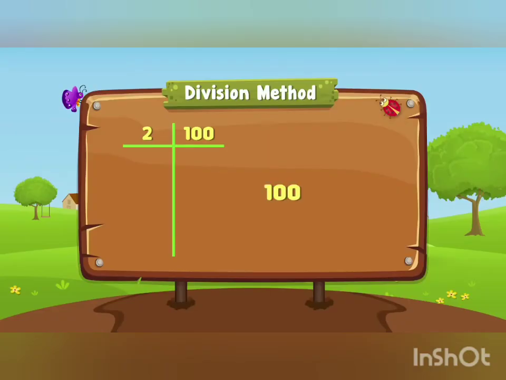Let's take 100. We divide 100 by 2. We get 50 as the quotient. We again divide 50 by its first prime factor, which is 2. We get 25 as the quotient. 25 is not divisible by 2 or 3. So we divide it by the next prime factor, 5.